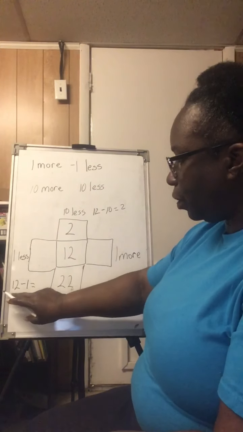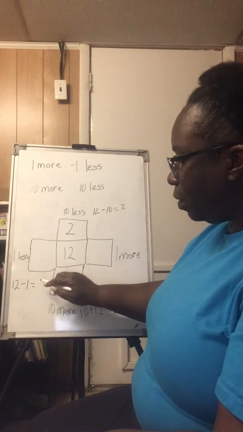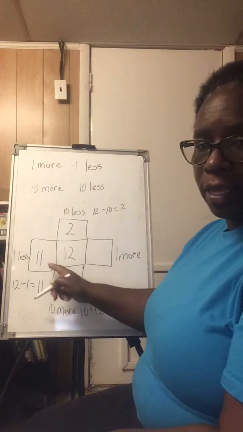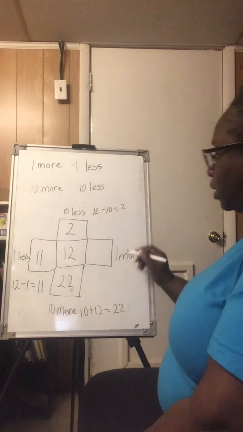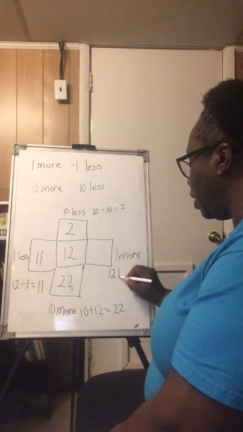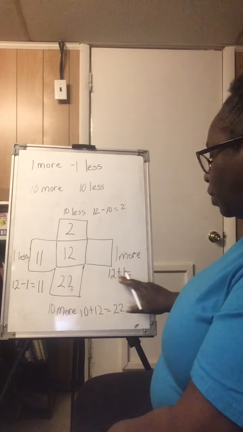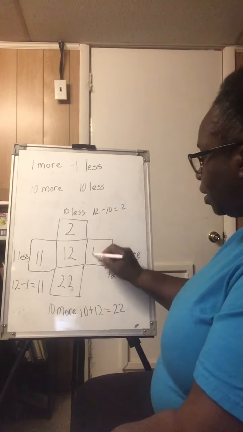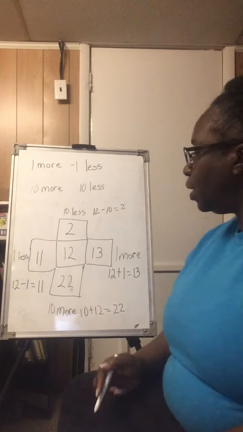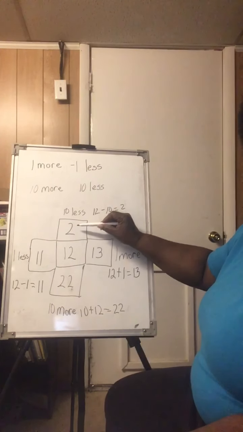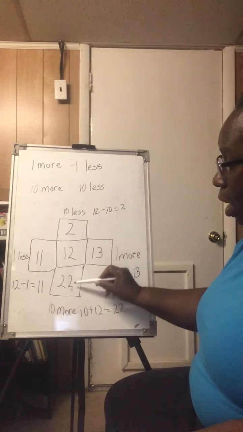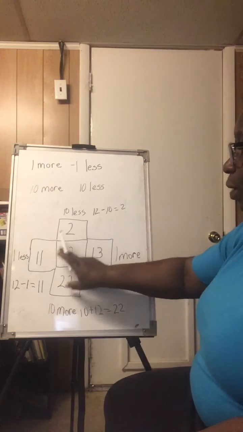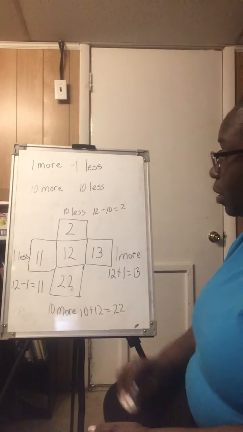Okay, so 12 minus 1 would give us 11, because that's 1 less than what we have here. 1 more is the same thing as saying 12 plus 1. 1 more than that would give us 13. Okay, so this is 10 less, 10 more, 1 less, 1 more than whatever number you have in the middle.